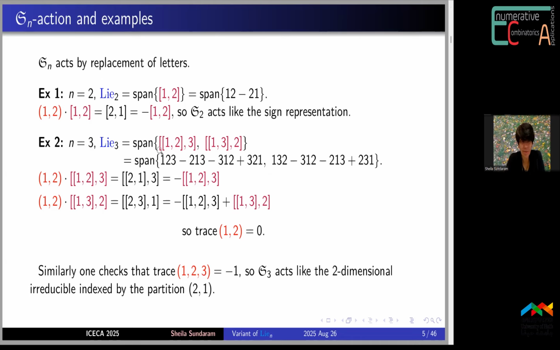So it sends the first basis element to its negative, and it sends the second one to something else where the 1 is no longer in the leftmost position, but you can straighten it out using the Jacobi identity, and this is what you get. So if you calculate the trace, you get -1 + 1, which is 0. So if you go through this calculation for the 3-cycle, you will get a trace of -1, which allows you to conclude that S3 acts like the two-dimensional irreducible indexed by the partition (2,1).